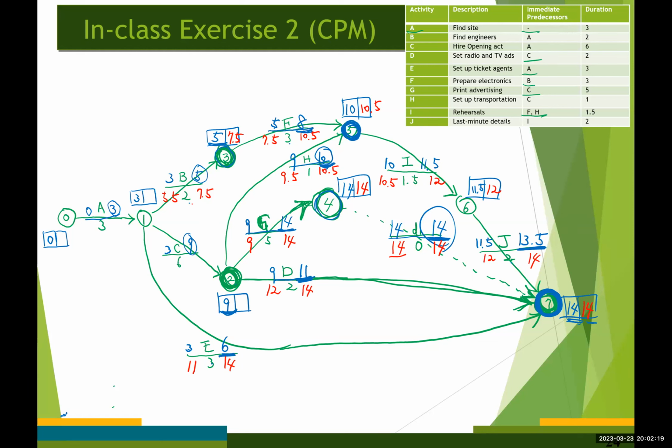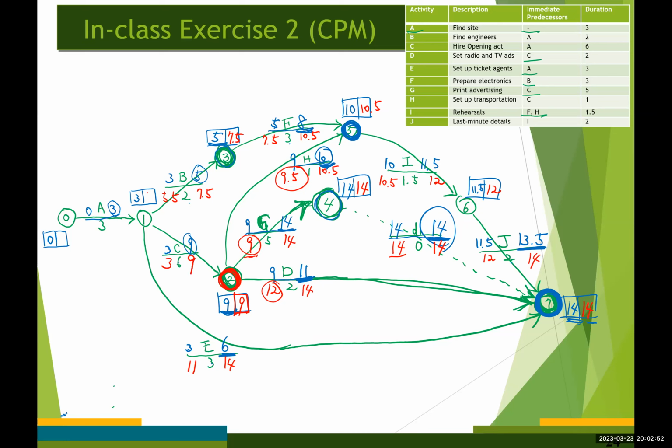No. Okay, now we need to determine the latest time for event number 2. What you need is to choose the smallest value among these 3, 9.5, 9, and 12, which is 9. Right? And then goes to here, 9 minus 6, 3, right?